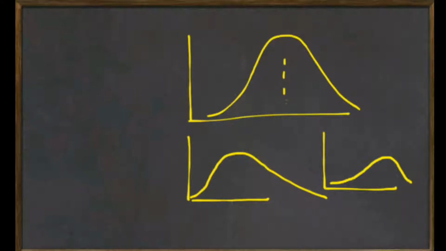With the positively skewed, we'll have a median, and we'll have the mean somewhere over here, because those higher values are going to pull the mean higher without actually changing where that median is. And vice versa, in a negative skew, you'll see the mean below the median.